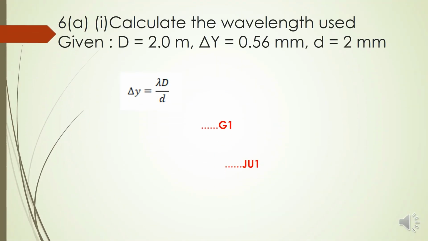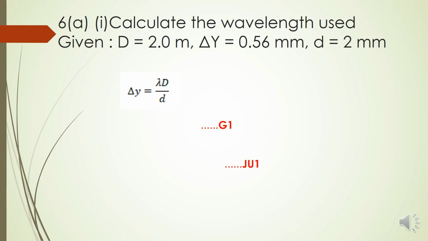For question number 1, so we write the information given. The distance from slit to screen we label as D, capital D. D equal to 2 meter. Delta Y means fringe separation equal to 0.56 millimeter and slit separation equal to 2 millimeter.